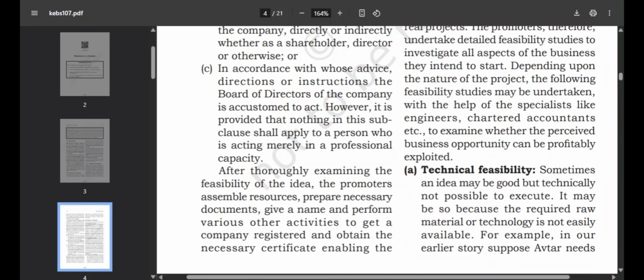After thoroughly examining the feasibility of the idea, the promoters assemble resources, they prepare necessary documents. So, firstly, they examine the idea, what business idea is there, they thoroughly examine that. Then, they prepare necessary documents, they give a name and perform various other activities to get the company registered and to obtain the necessary certificate that enables the company to commence business.